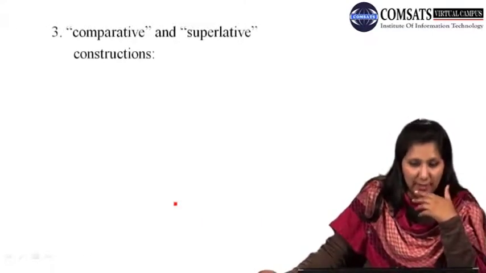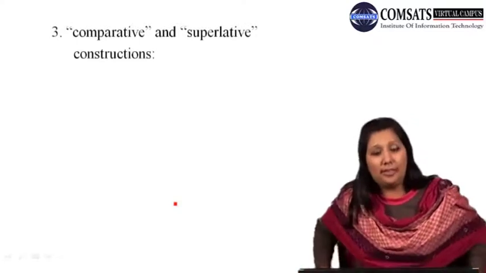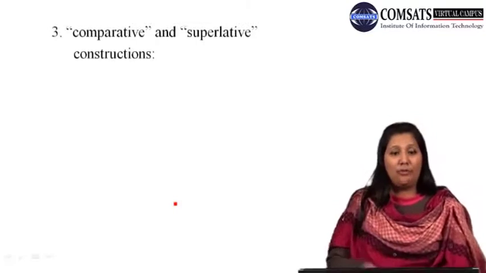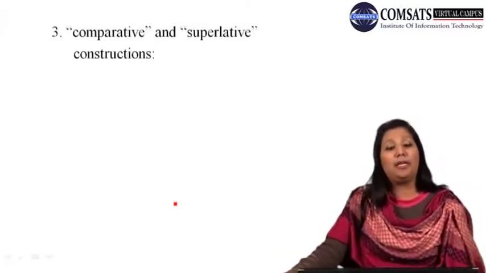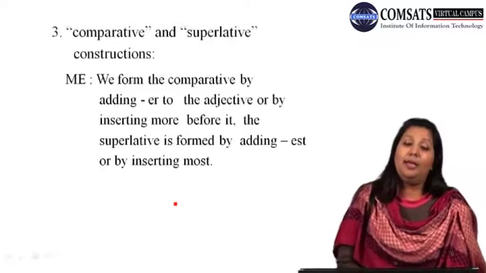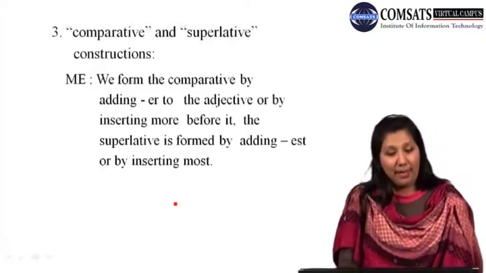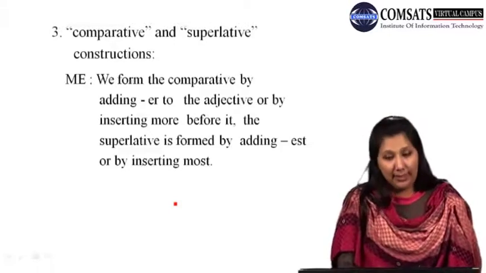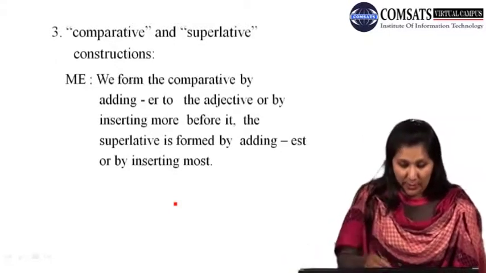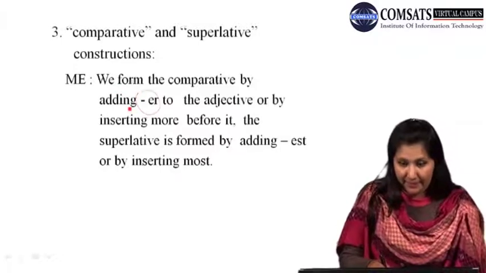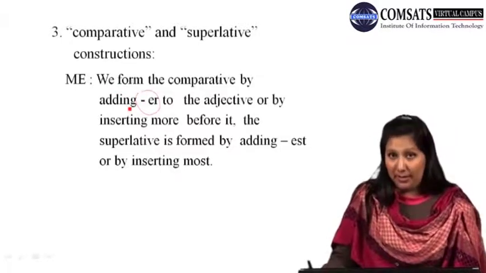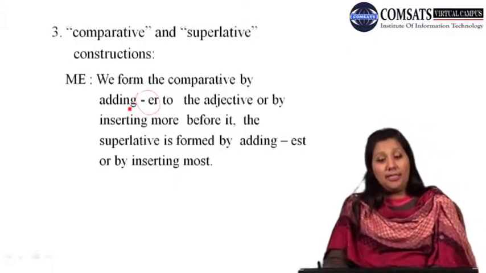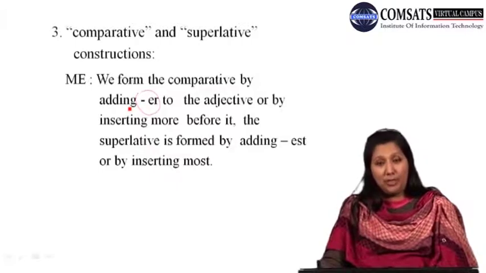Comparative and superlative constructions were also there in that period that have taken a great change in the history of English language. Comparative and superlative constructions include, for example, in the Middle English, we form the comparative by adding "er." Just one thing, that in the modern English, we are forming the comparative degree of adjective by adding "er" to the adjective or by inserting more before it.